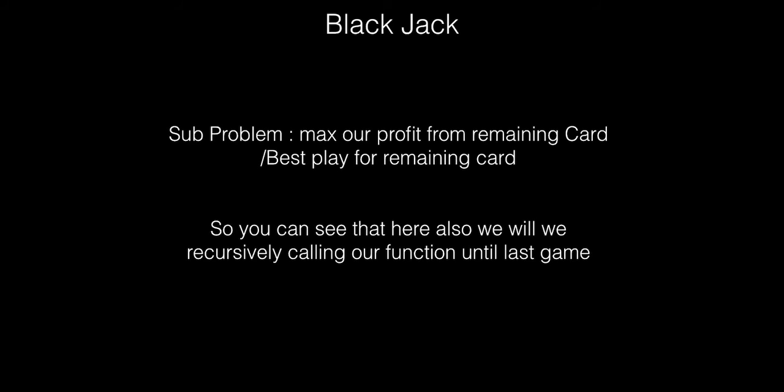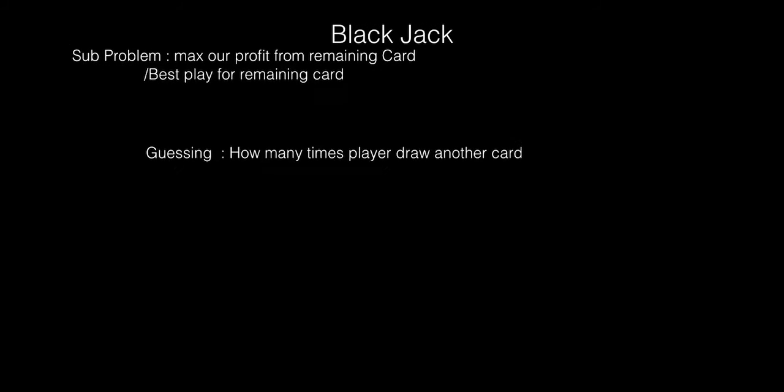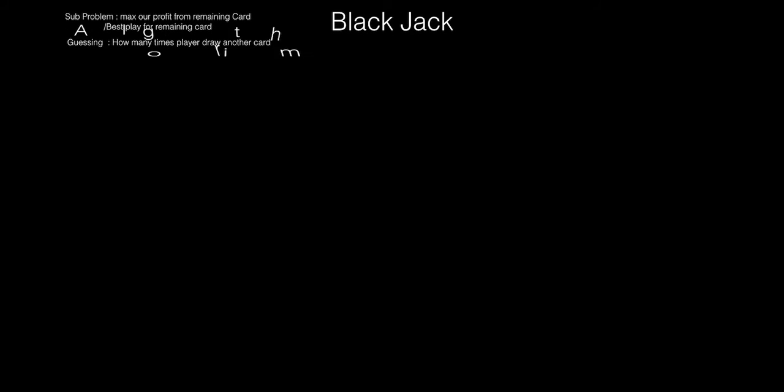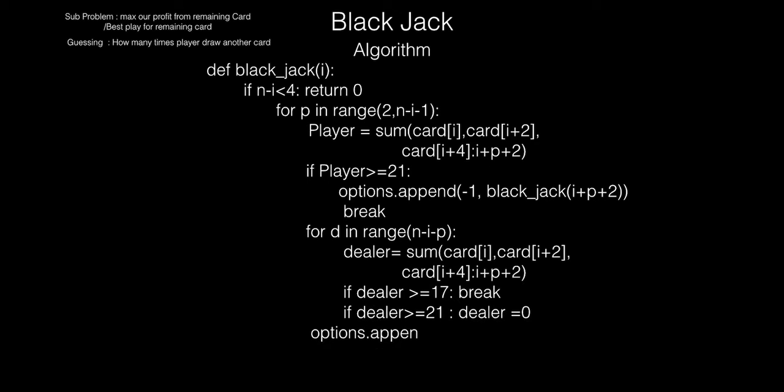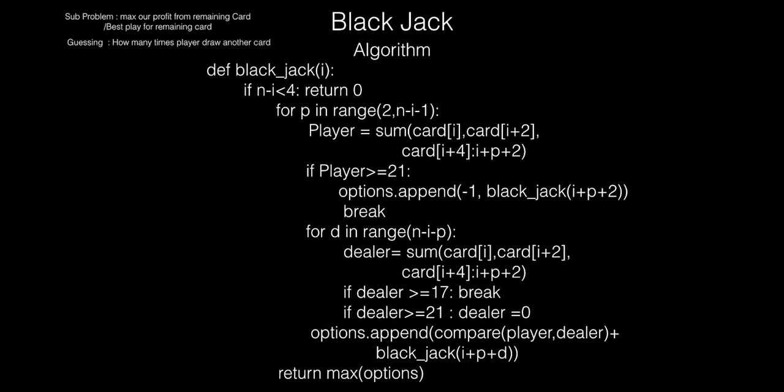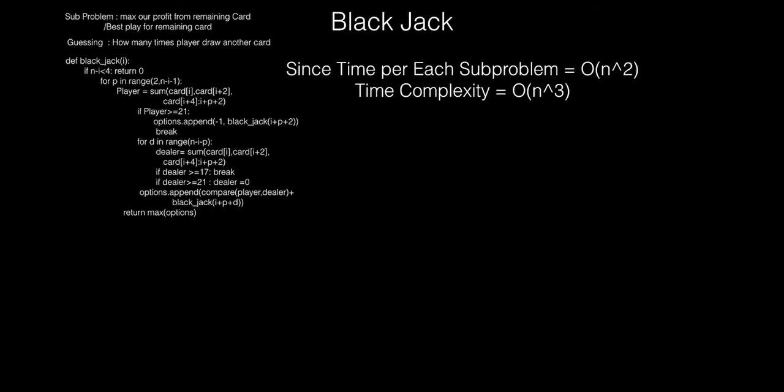And about guessing, it is how many times the player draws another card. So we will try to maximize our profit, recursively calling our function and adding the subproblems. Here the time per subproblem is big O of n squared, and that brings the total time up to theta n cubed.